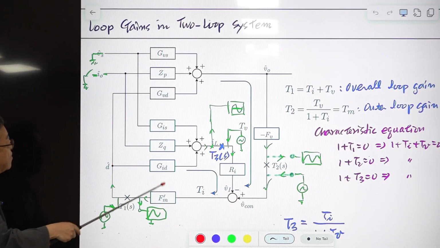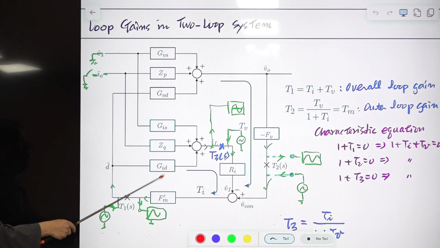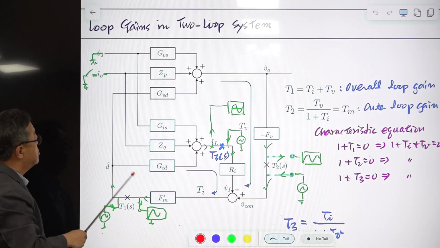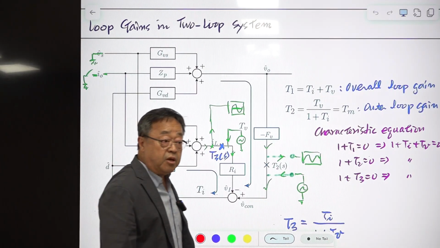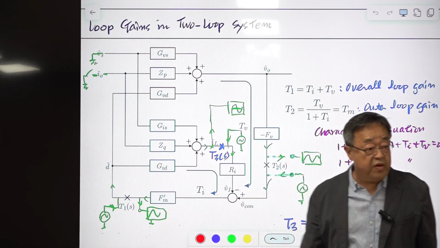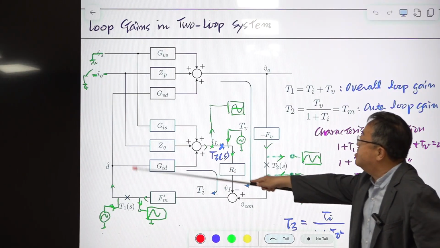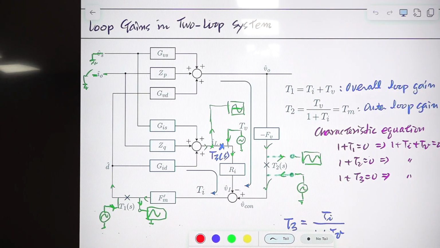This is not the loop gain, this is just the feedback loop, and this is called the current loop. This is called the voltage loop. This is called the inner loop, and this is the outer loop. This is called the fast loop because the inductor current is fast and this loop is responding fast, and this is called the slow loop. Okay, so very similar terminology, and some confusing terminology.